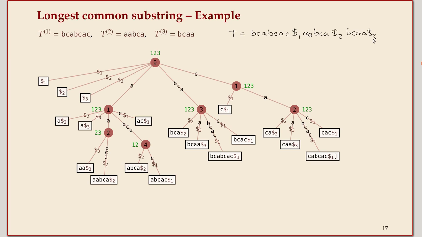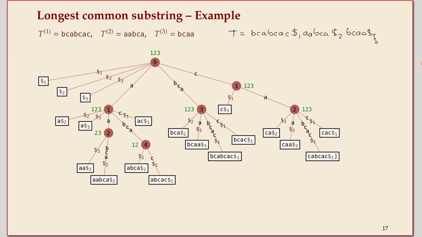And the suffixes of this long text would start at any of these positions and continue till the end. But as you'll see in the leaves, we stop at the first $ sign because everything else behind that is not interesting. Other than that, this is just the suffix tree of this text. Ignore the green parts for now. It's just the suffix tree of this longer text.